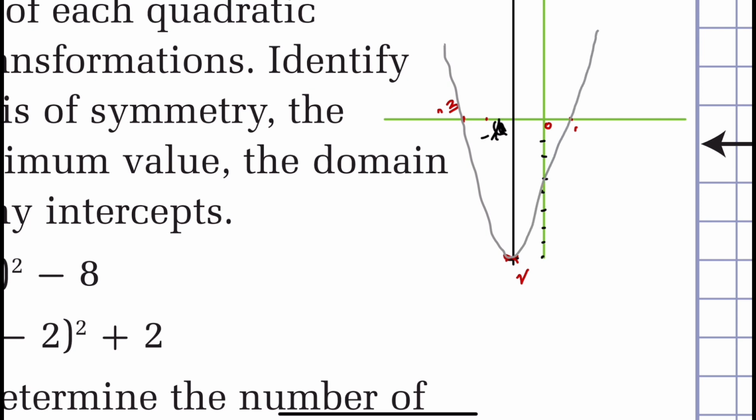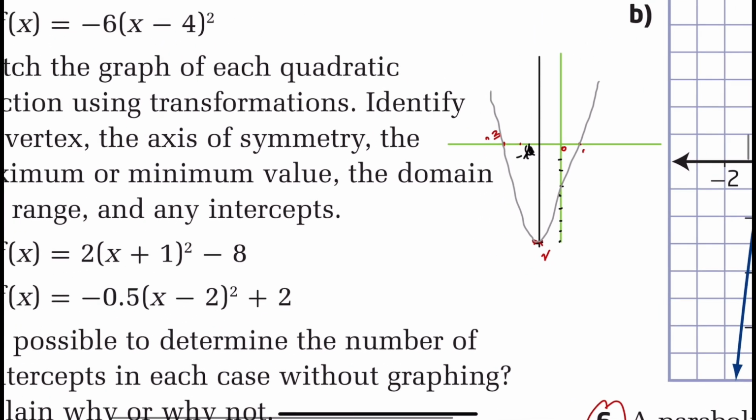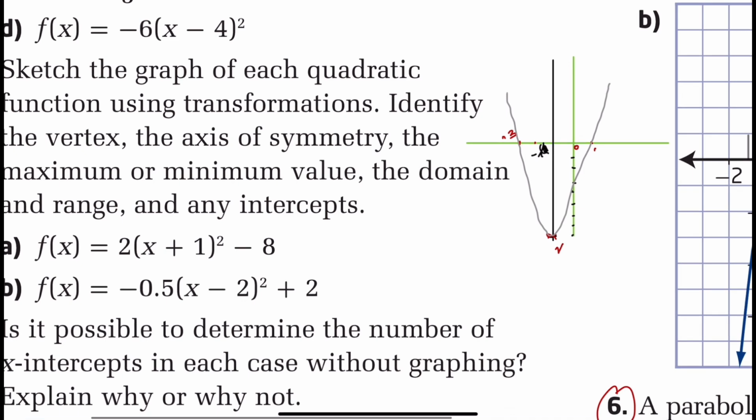For the y-intercept, we just give x a value of 0. So 2 times (0 + 1)², which is 1, so we have 2 times 1 minus 8, which is -6. So the y-intercept should be -6.